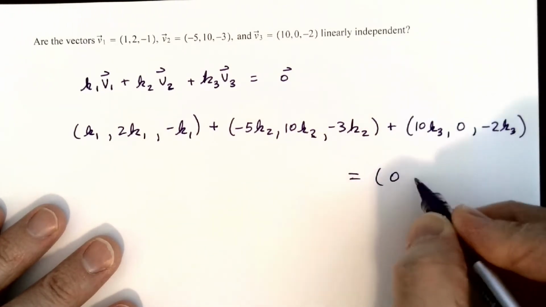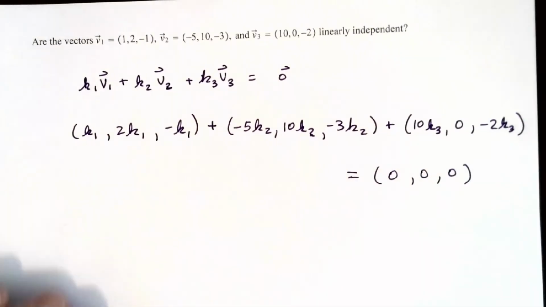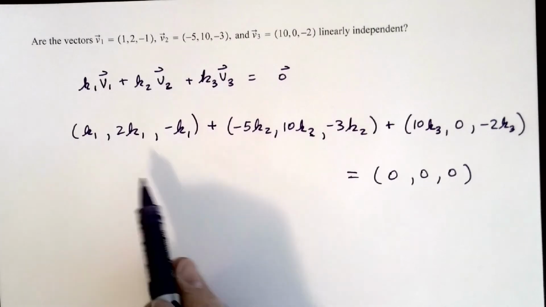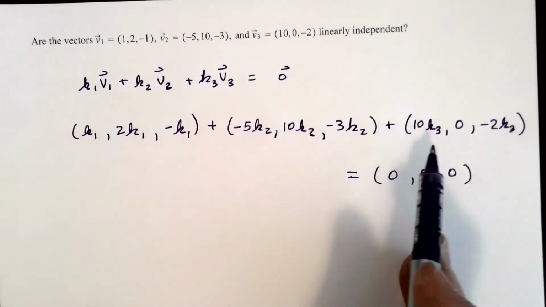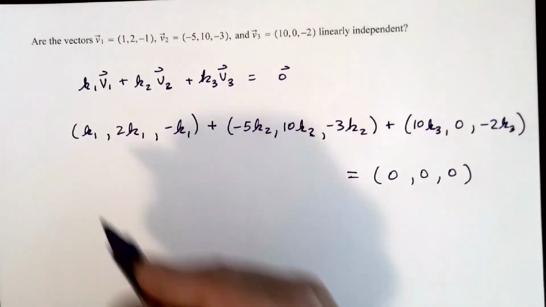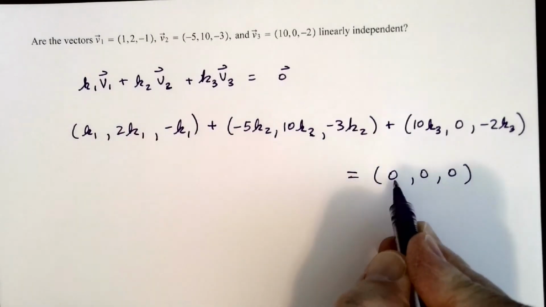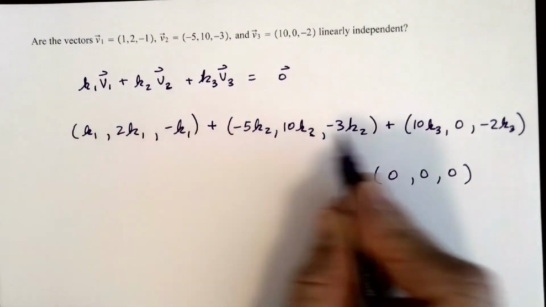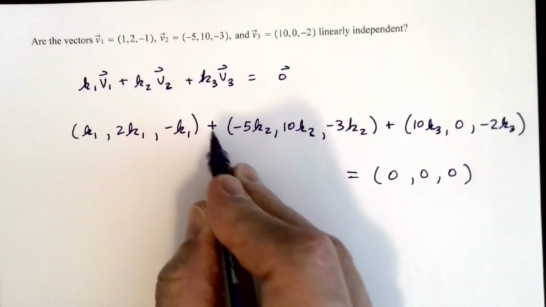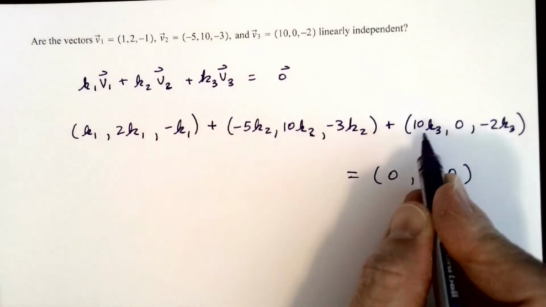What's the zero vector in 3-space? It's that right there. And so this looks familiar. When will this be true? If I combine by adding these three vectors, then this statement will be true if the first component is equal to 0. What's the first component of the sum of these three vectors? It's K1 plus a negative 5K2 plus 10K3.